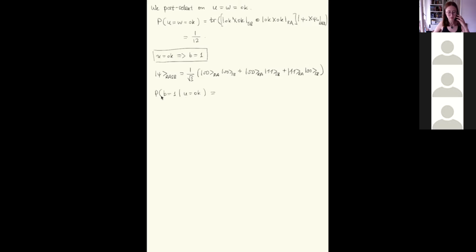just calculate the probability of B getting outcome 1, which basically means that we have the projector 1, 1 on the system S, on system B. This is the first projector.